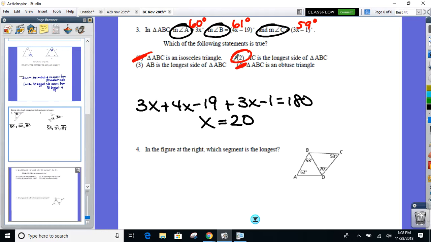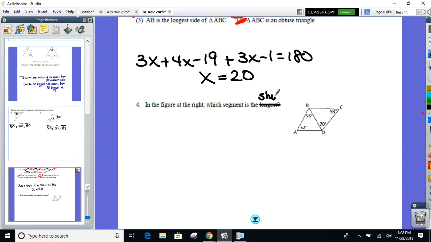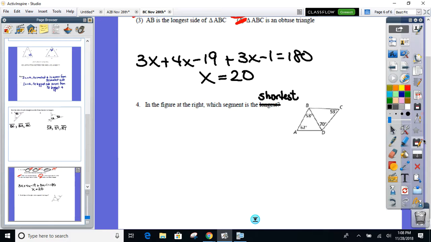All right, ready to finish it on an honors level question. And we're going to make it honors by replacing the word longest with shortest. Which segment is the shortest? All right, well, I can't do anything until what here? Yeah, I need all angles here.